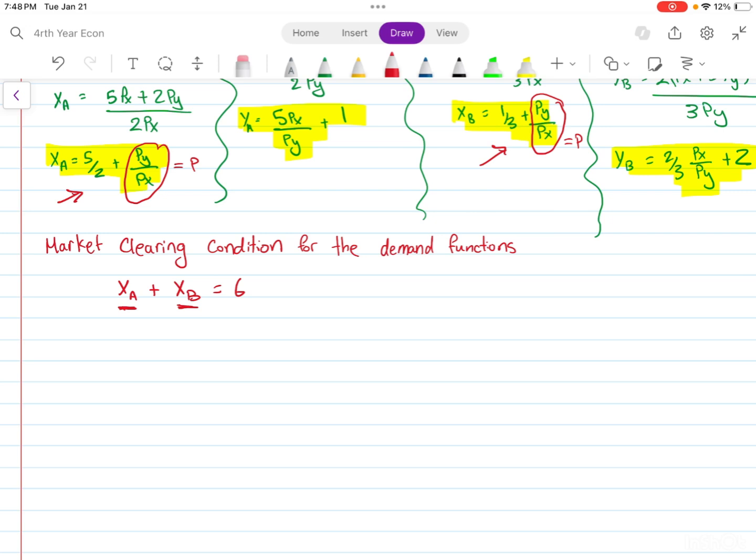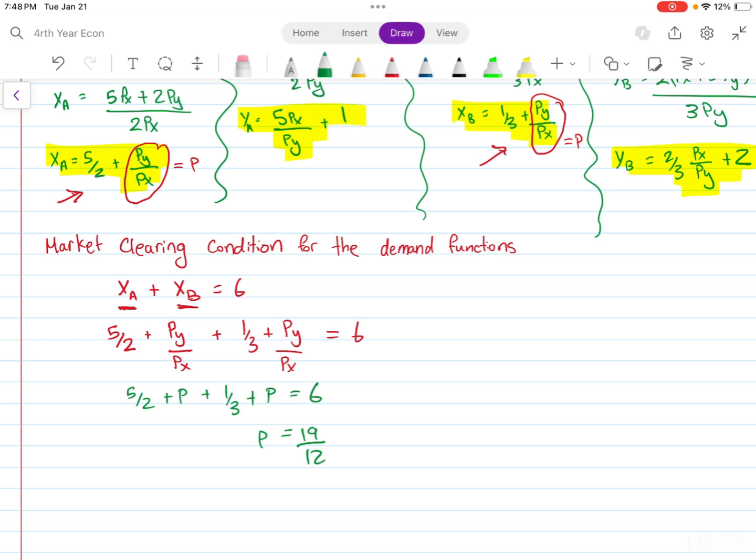We take 5 over 2 plus Py over Px, which is XA, plus 1/3 plus Py over Px, and set that equal to 6 units. So 5 over 2 plus P plus 1/3 plus P equals 6. And now we get P is equal to 19 over 12.